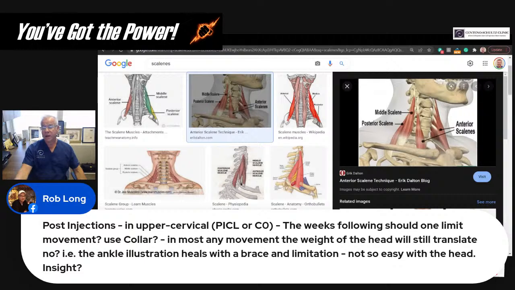Yeah, Rob, the biggest difference between bracing an ankle and bracing a neck or head is that if you brace an ankle, done right, you can still have the muscles participate in stabilization to a certain degree with walking. So you're not going to get a lot of muscle atrophy, or at least it's going to be mitigated.